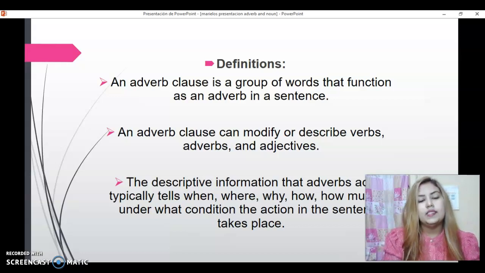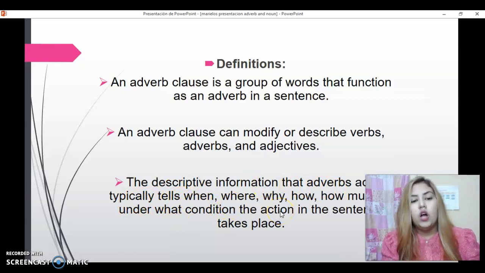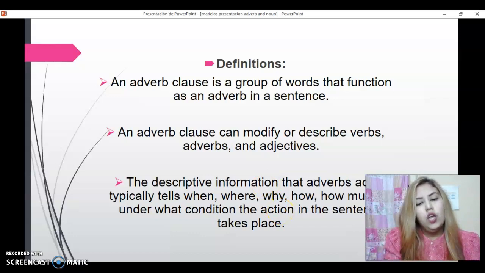So as you can see, it's similar. And adverb clauses give descriptive information that adverbs typically tell: where, why, how much, or under what condition the action in the sentence takes place.